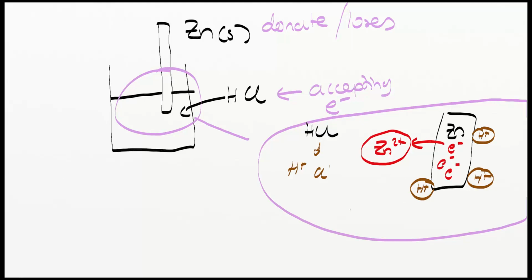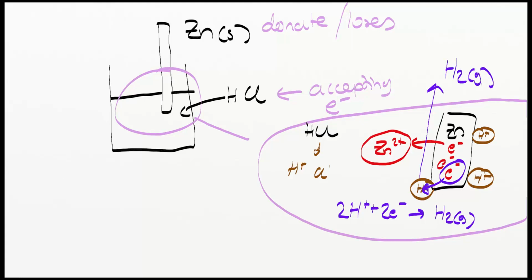So the H plus will take the electrons and become hydrogen gas in this redox reaction. The electrons will be taken away from the zinc by the hydrogen ions, and the hydrogen will then be expelled as hydrogen gas as per this redox reaction right here.